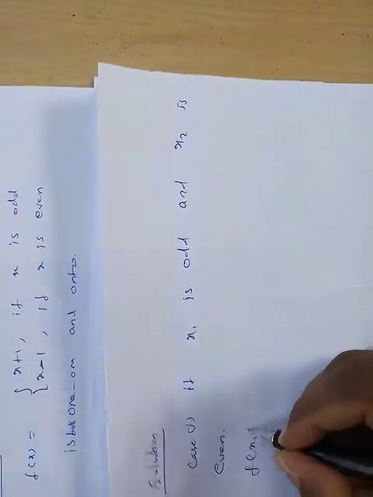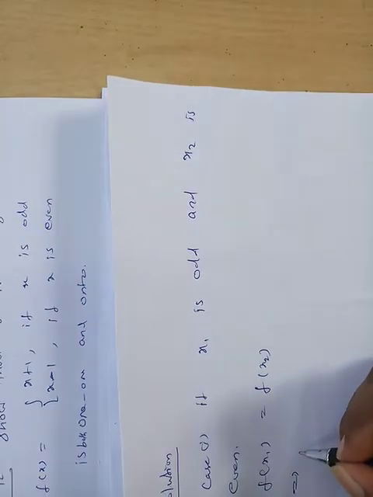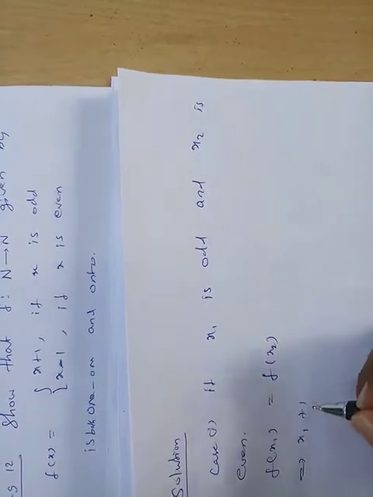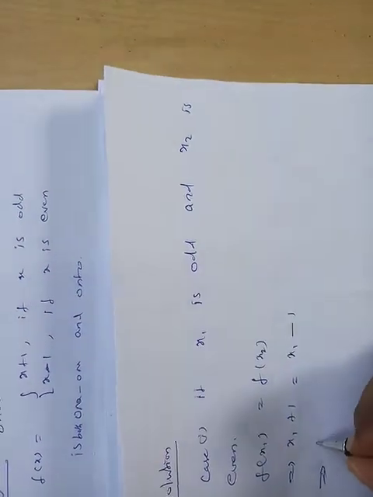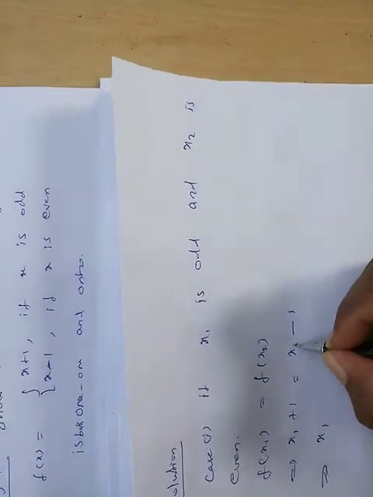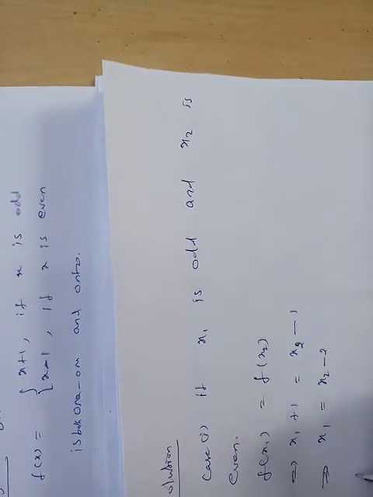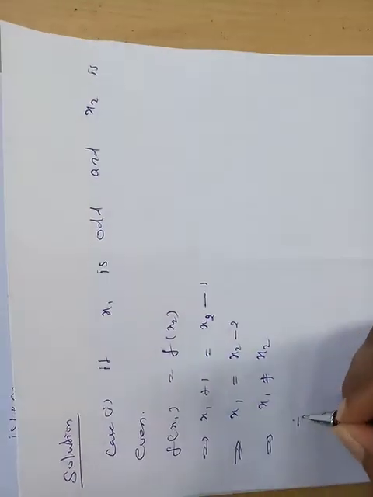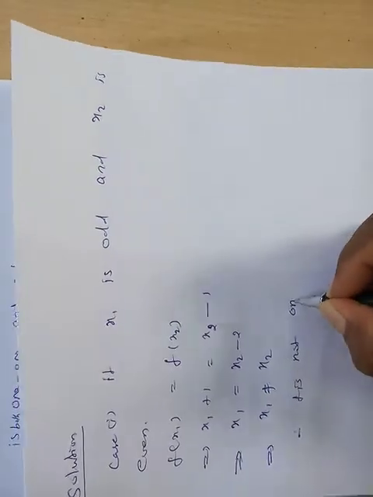Now f of x1 equal to f of x2, which implies x1 plus 1 equal to x2 minus 1, which implies x1 equal to x2 minus 2. x1 not equal to x2. Therefore f is not one-one.